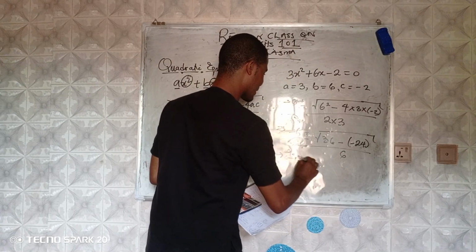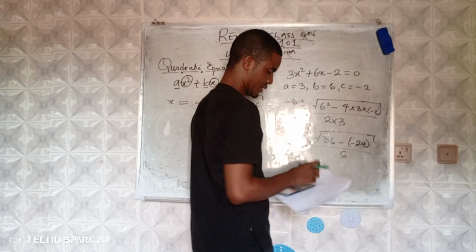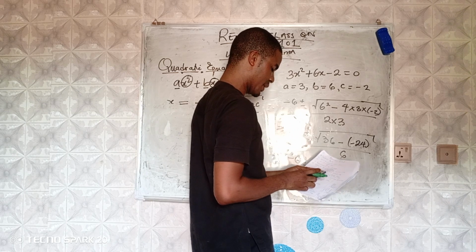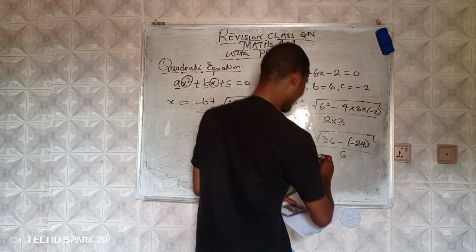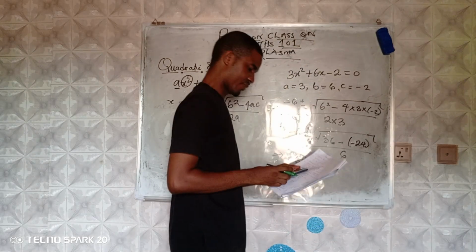So here I'm having minus 6 plus or minus root of 36, minus times minus is plus, so 36 plus 24, which will give me 60. Root of 60 all over 6.